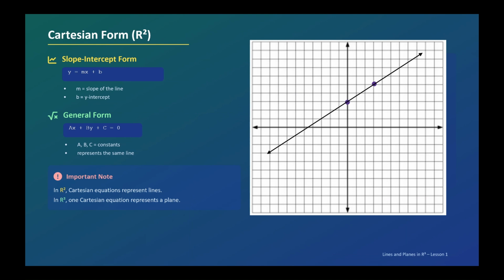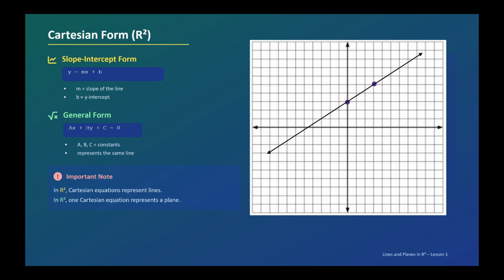So in two-dimensional space, we also have the familiar Cartesian form of a line. We can write it as y equals mx plus b, or ax plus by plus c equals 0. But it only works for lines in two dimensions.